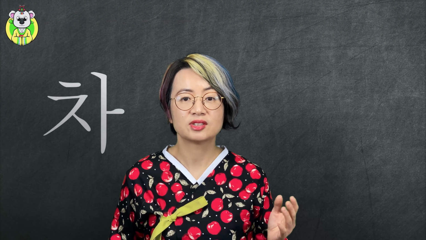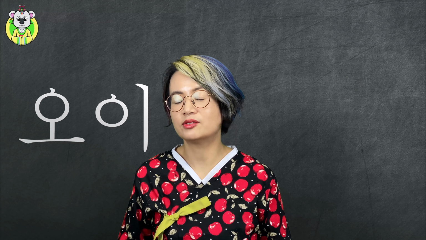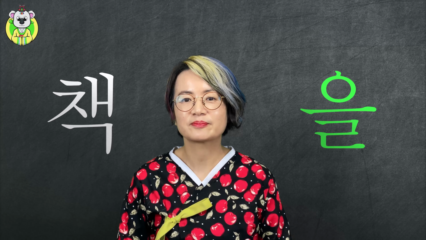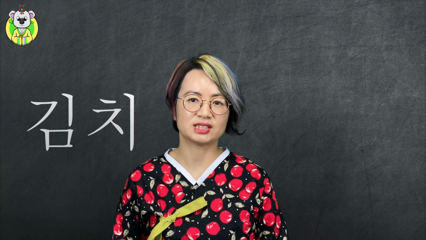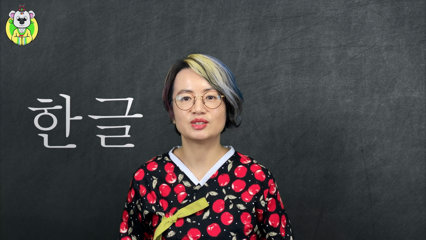Now, let's apply this to object markers, 을 or 를. To make it easy, let's go with the same words as before. 차 ends in a vowel, so 를. 오이, another vowel sound, so 를. 책 ends in a consonant sound, so 을. 김치 ends in a vowel sound, so 를. 한글 ends in a consonant sound, so 을.